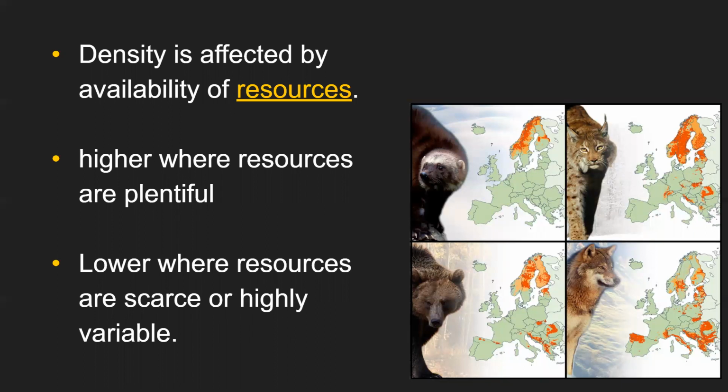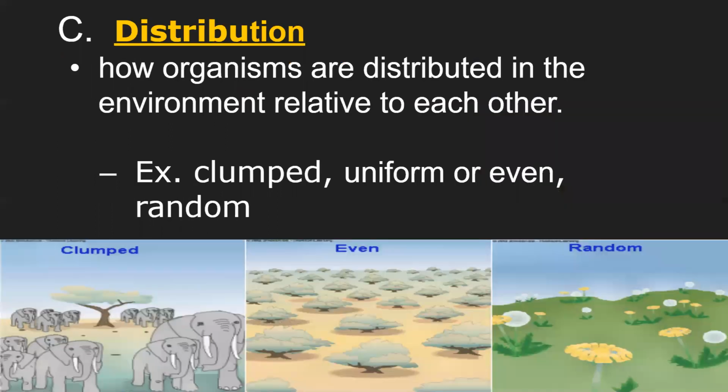So if water is one of those limiting factors, which it pretty much always is, you're going to see a higher population of organisms around water sources than you will in the middle of a desert, because a desert doesn't have enough water to support lots of organisms. And obviously, on the other side of that, populations are going to be lower density where resources are scarce, such as in a desert.